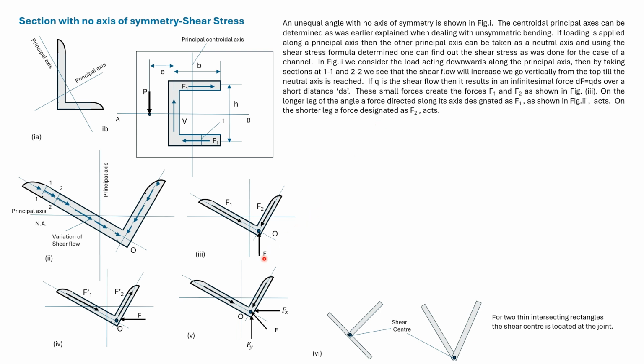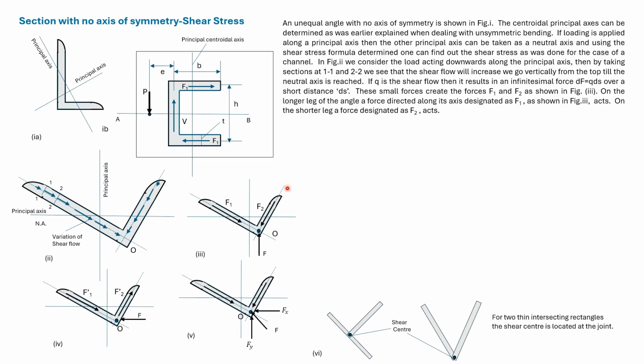Consider a force applied parallel to the principal centroidal axis passing through this point. Then it will induce forces in the two legs such that the resultant is equal in magnitude and opposite in direction to the applied force.